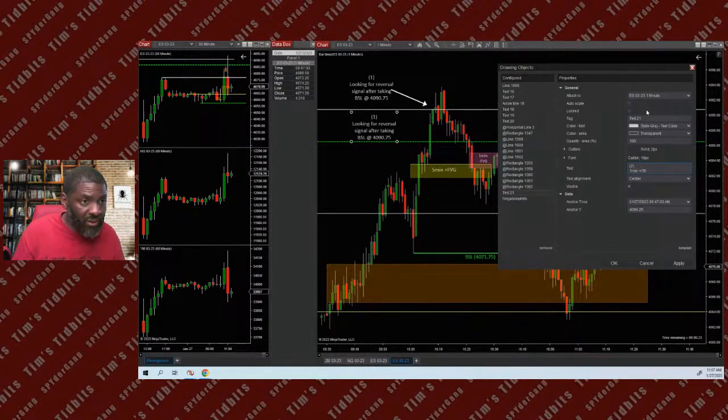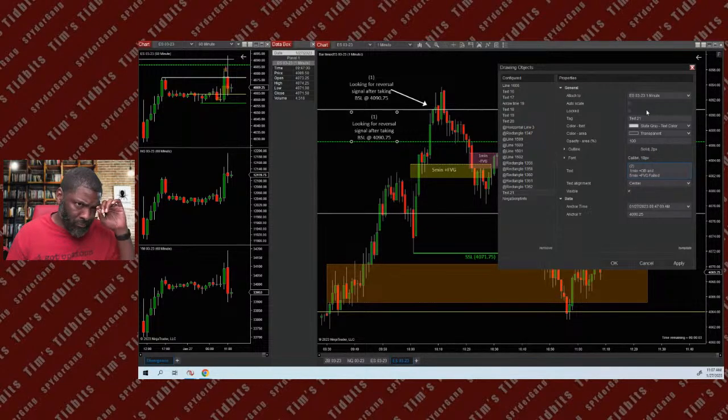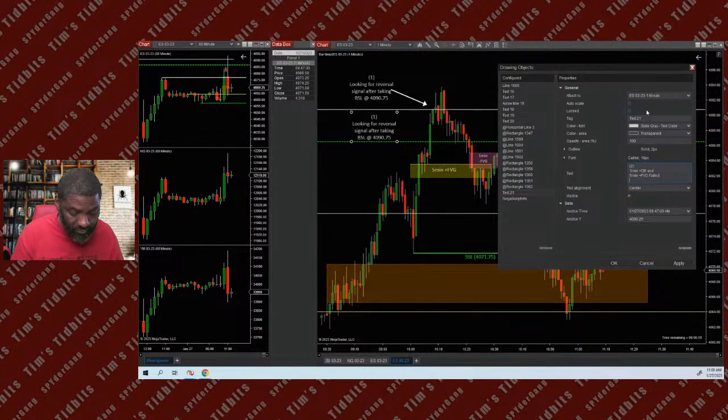Bullish order block and 5-minute bullish fair value gap failed. Hit reverse.